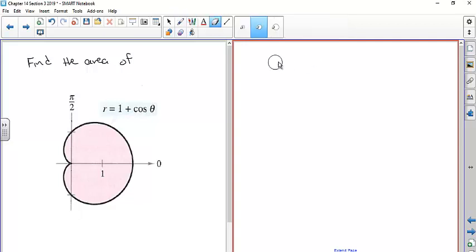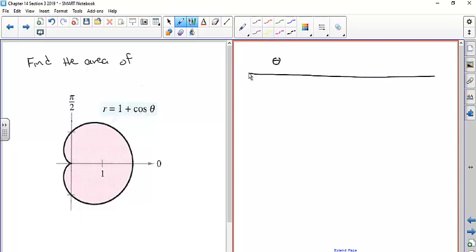We'll start off with theta, which we'll specify as 0, pi over 4, pi over 2, 3 pi over 4, pi, and see what we get.